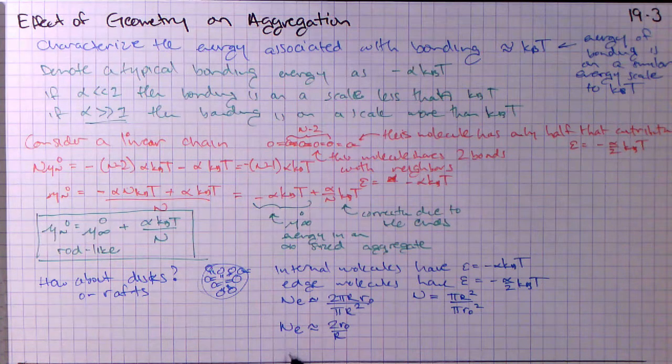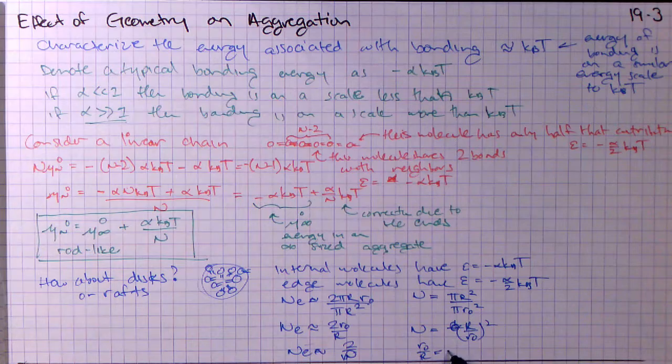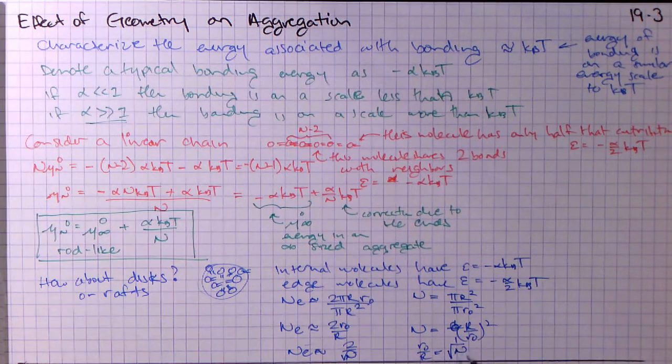So the fraction on the edge is going to be proportional to 2 over square root of n, because we know the total number n is proportional to r over r naught squared, right? So r naught over r is equal to 1 over square root of n. Okay. So we get that the number on the edge goes like 2 over square root of n.